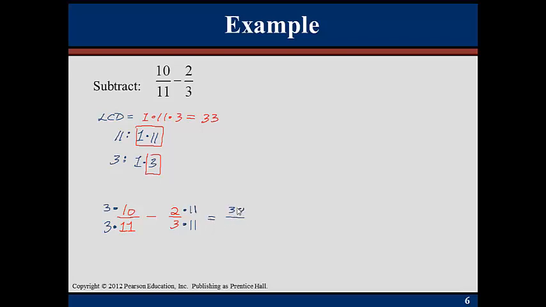So this will become 30 over 33 minus 22 over 33. We're subtracting fractions, so remember, keep the bottom number. And then 30 minus 22, which is 8. So it's 8 over 33.